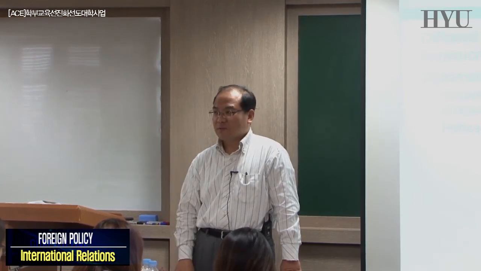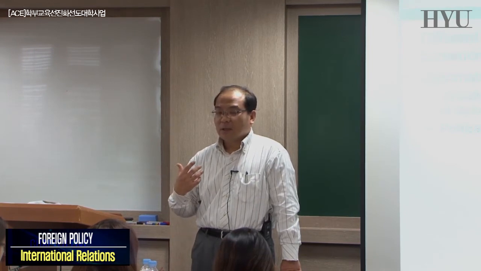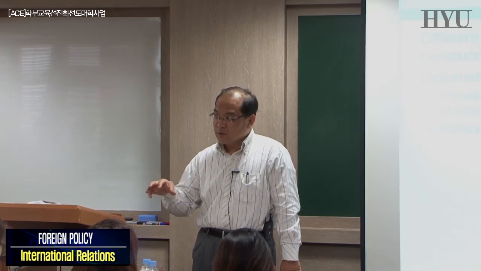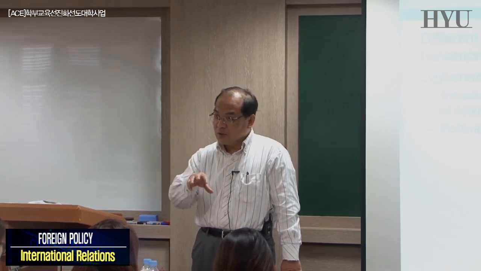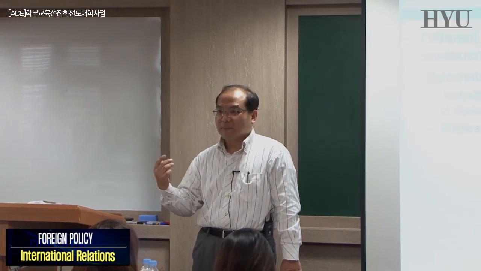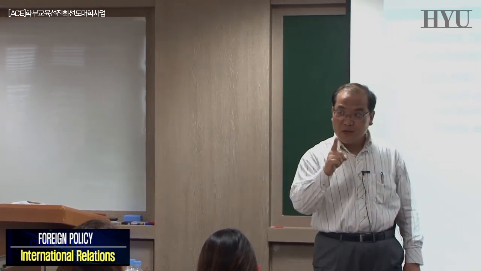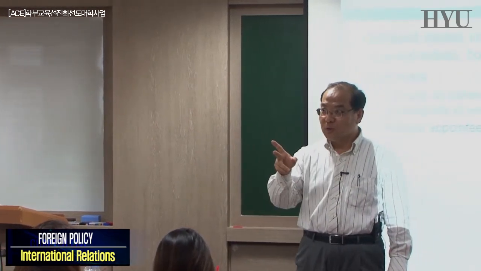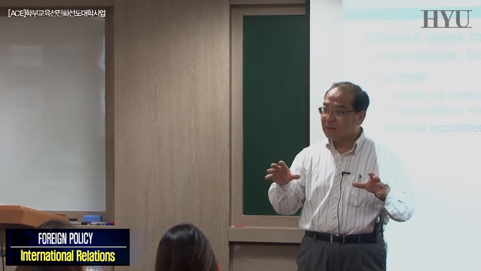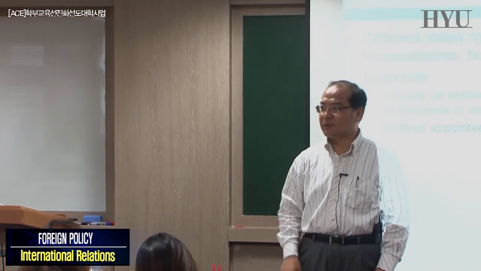That's the question Marxists raise: how do we reflect social feedback on government policy, particularly foreign policy, in a balanced way? One or two big interest groups should not dominate the policy process. That's the point.